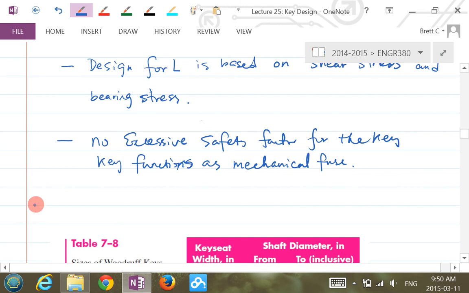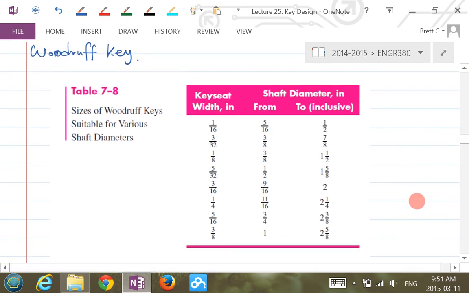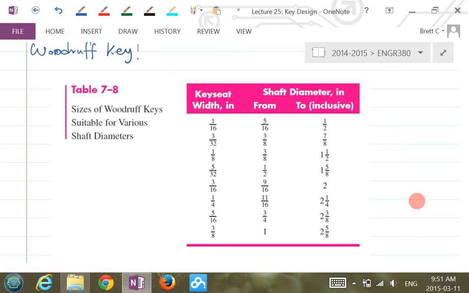All right, and just a quick note on the Woodruff key. So this is Table 7-8 from our textbook for the Woodruff key. It gives us the keyseat width based on the diameter of the shaft.